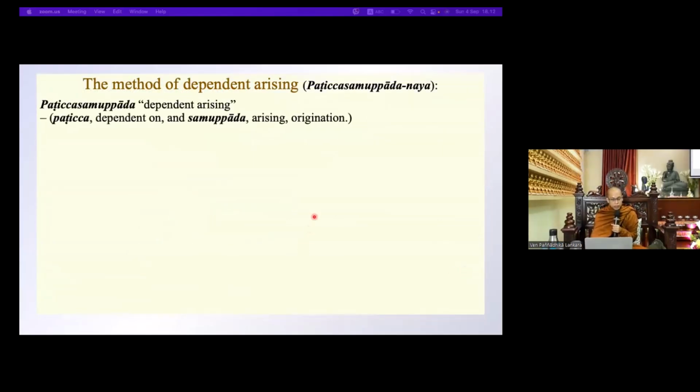Then Paticcasamuppada, let's see the meaning of Paticcasamuppada. Paticca and Samuppada. Paticca means dependent on, Samuppada means arising or origination. So Paticcasamuppada is dependent arising or dependent origination.